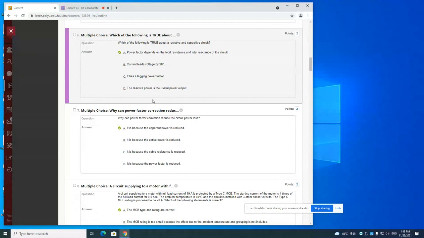Well, B is certainly not right, okay, because this is just for capacitive load only, and it has a lagging power factor. Lagging power factor basically is for inductive load, okay, and the reactive power is used by power output, okay, so this is not correct. So the answer should be A, okay. So power factor is determined by the resistance and reactance, okay.